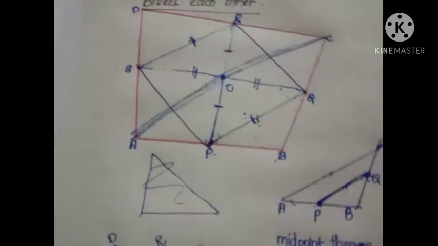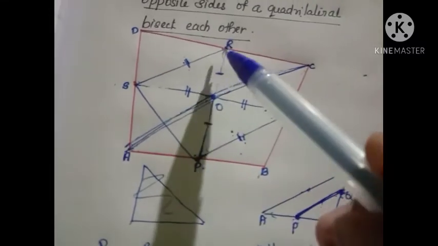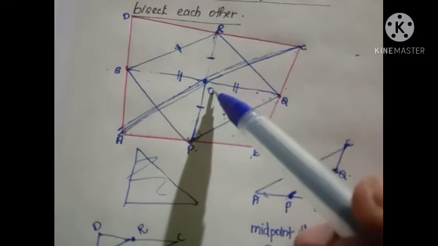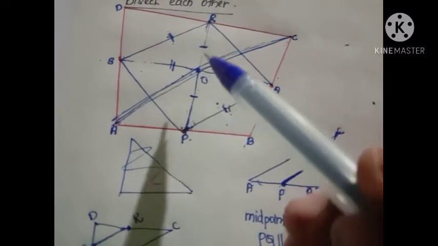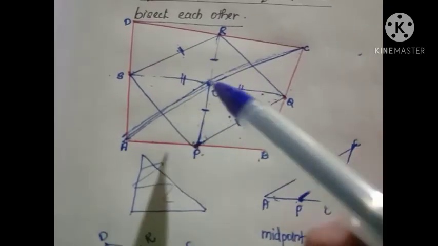So listen, if PQRS is a parallelogram, then PR and QS are diagonals, and by theorem, diagonals bisect each other. In a parallelogram, diagonals bisect each other.